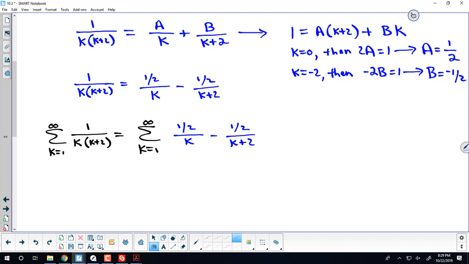All right, so now we have it in telescoping form. I think there are two ways to look at this. One is just leaving the 1/2s in there, but the other way is that we can look at it as just this 1/2 times the series.